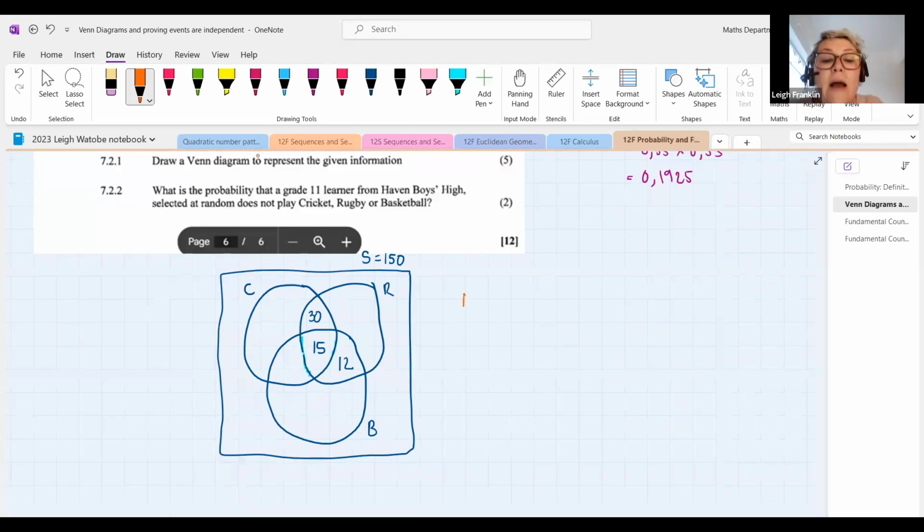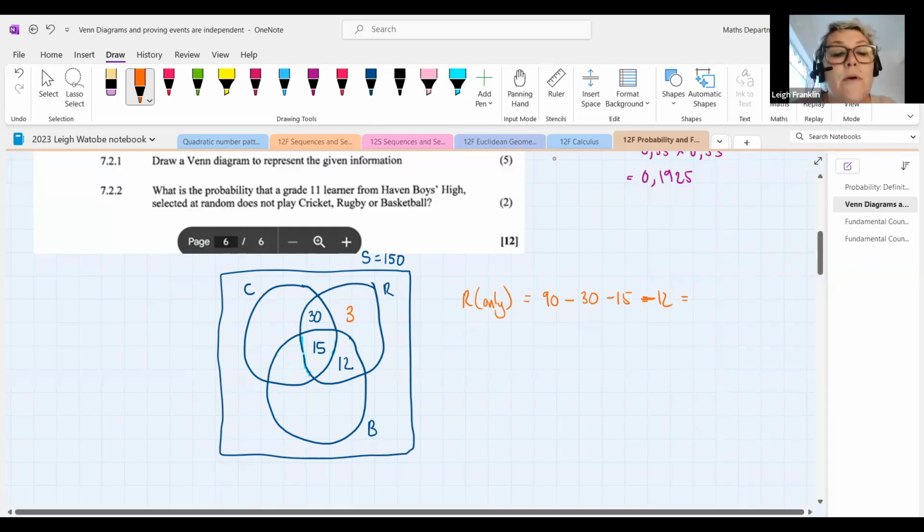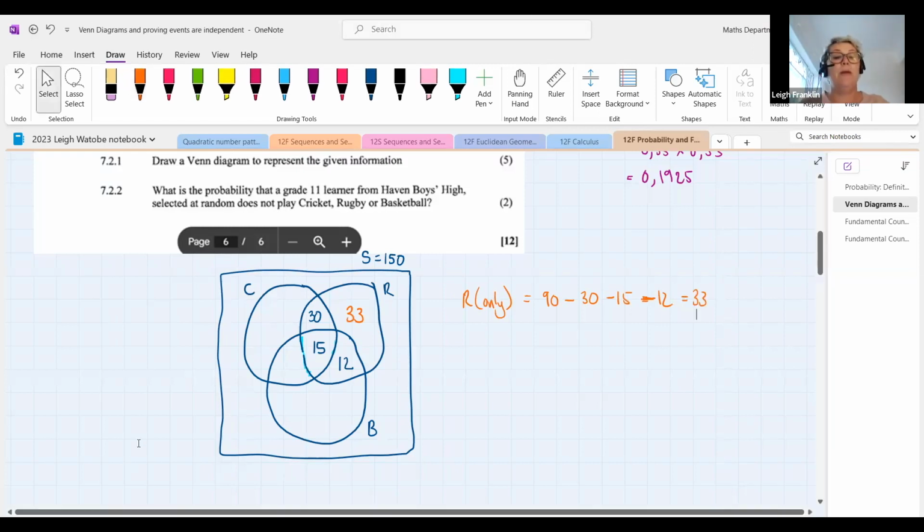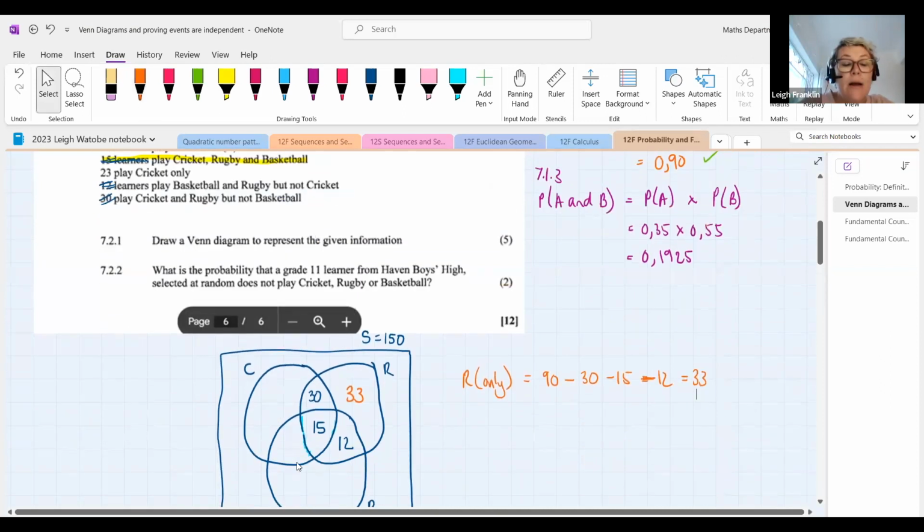To work out how many people play rugby only, I would have to take my 90 and minus the 30, the 15, whoopsie, and the 12. Okay, so how many people play rugby only? 33. Good, well done. Because that whole circle has to add up to 90. Excellent. So 33 people play rugby only. All right, there we go.